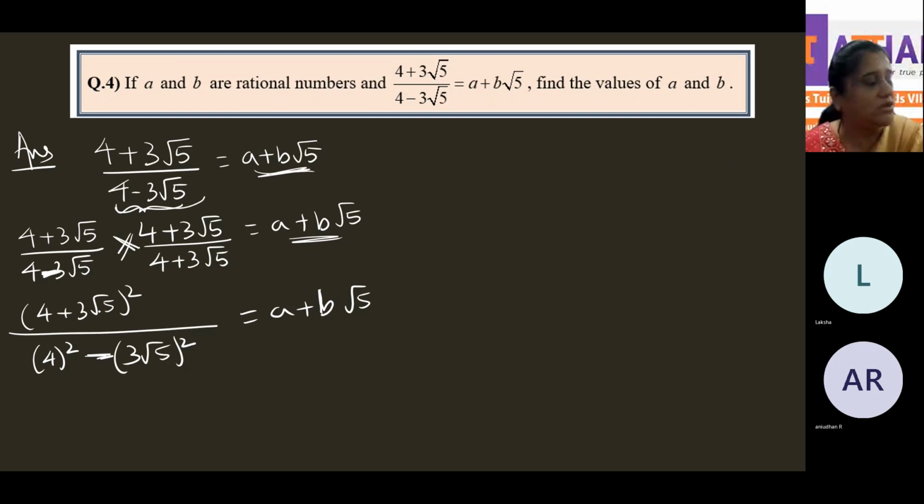Next, expand the numerator. What is A plus B the whole square? A square, that is 4 square. Then B square, so plus 3 root 5 the whole square.